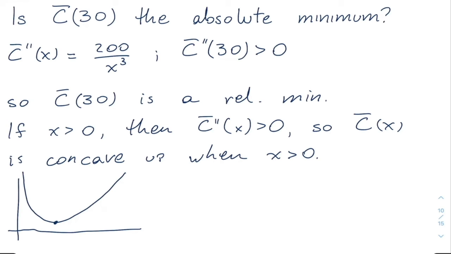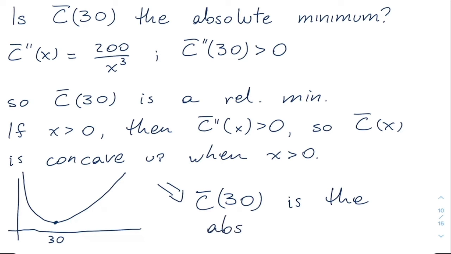And this one is the relative minimum that we found. So these two facts combined, that c has a relative minimum at x equals 30 and that the function is concave up, imply that this is the absolute minimum.